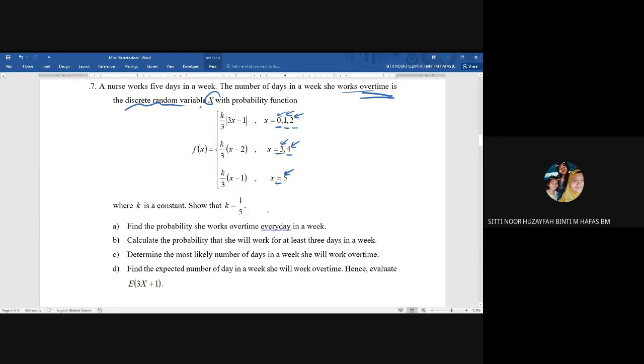So for this question, we just have to total up all the probabilities equal to 1, and then we arrange k as the subject. So for x equal to 0, we have k over 3 of the absolute value of 0 minus 1. This is for x equal to 0. And then for x equal to 1 will be k over 3 of the absolute value of 1 minus 1.